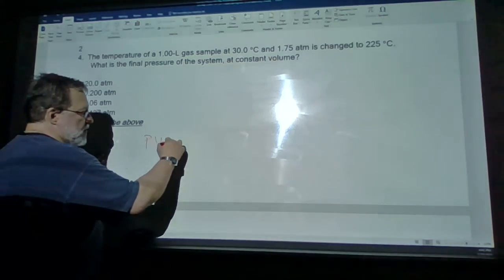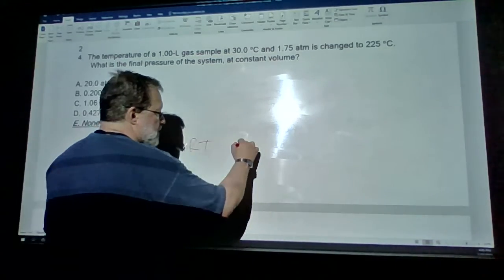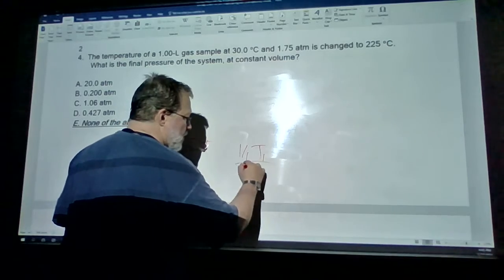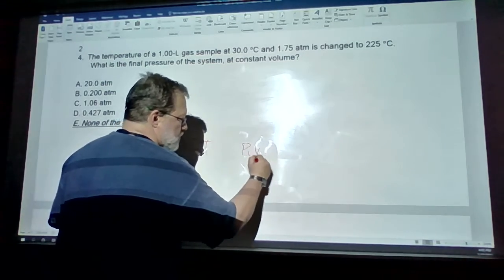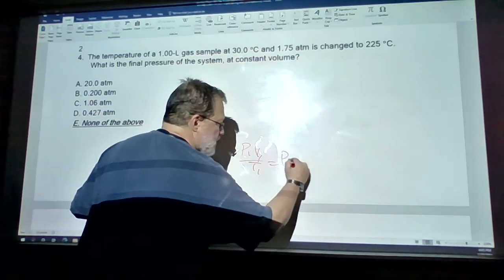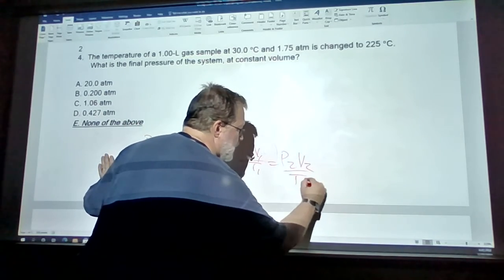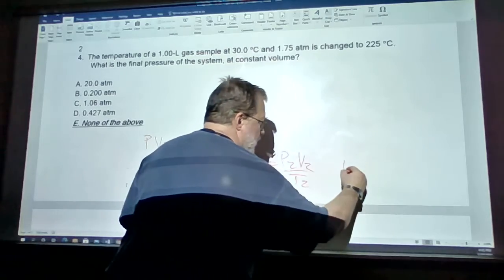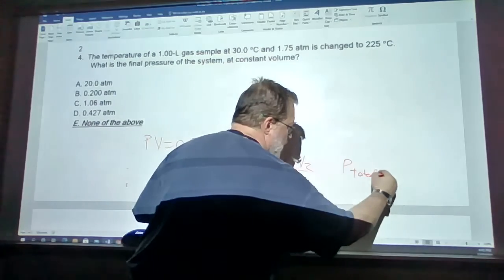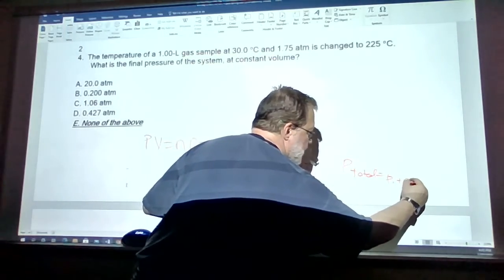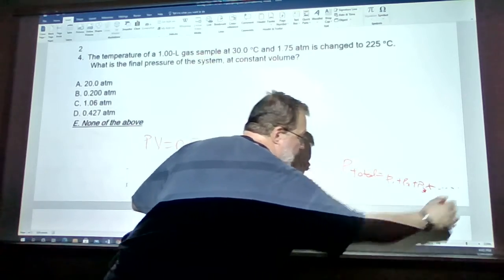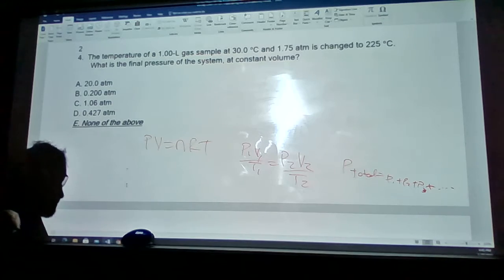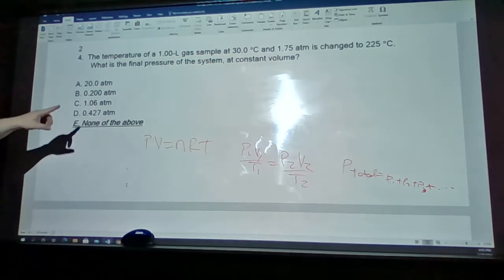Again, PV equals nRT; P1 V1 over T1 is equal to P2 V2 over T2; and Dalton's law, P total, P1 plus P2 plus P3 plus however many other partial pressures of the component mixture of your gases.